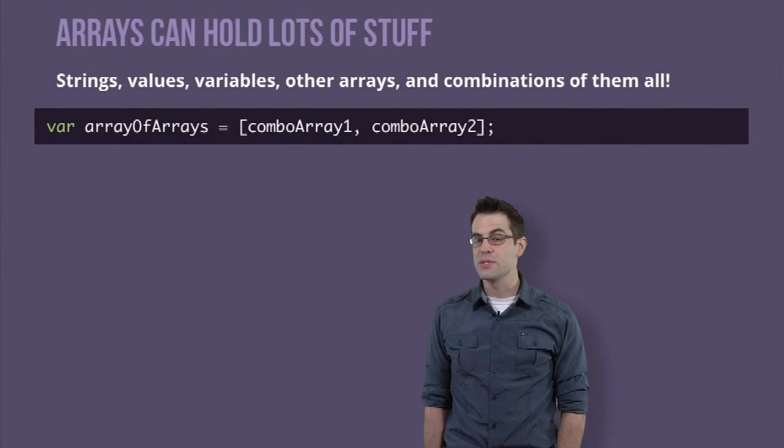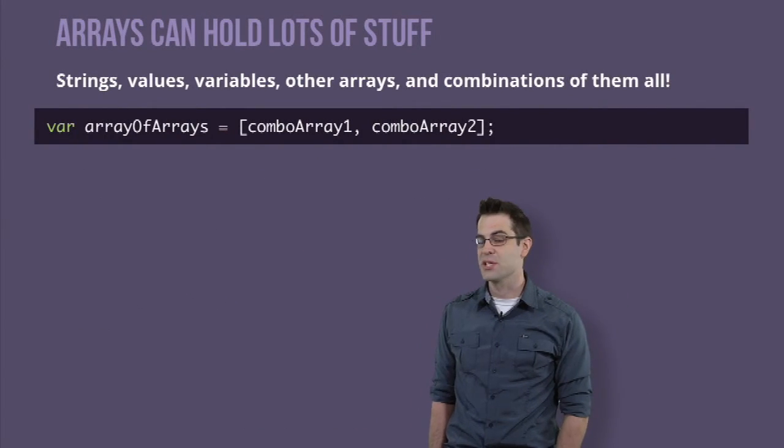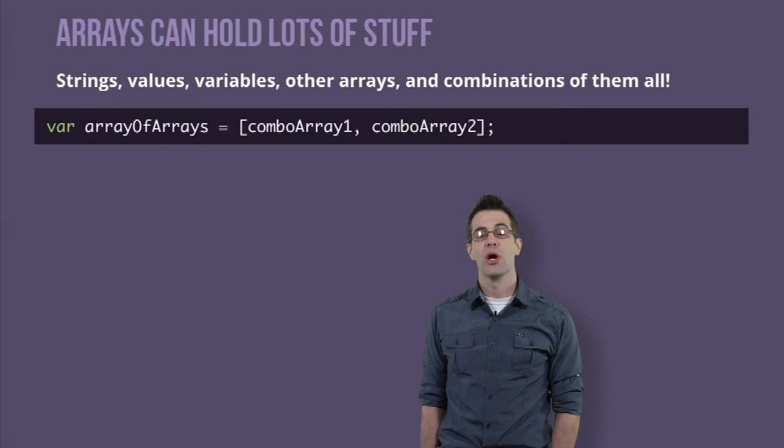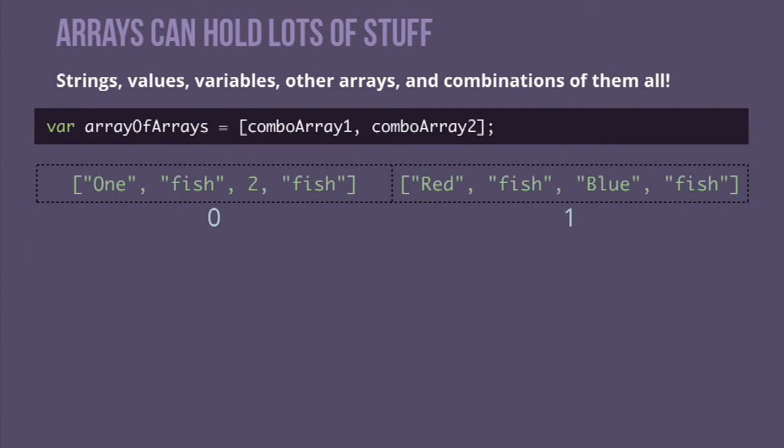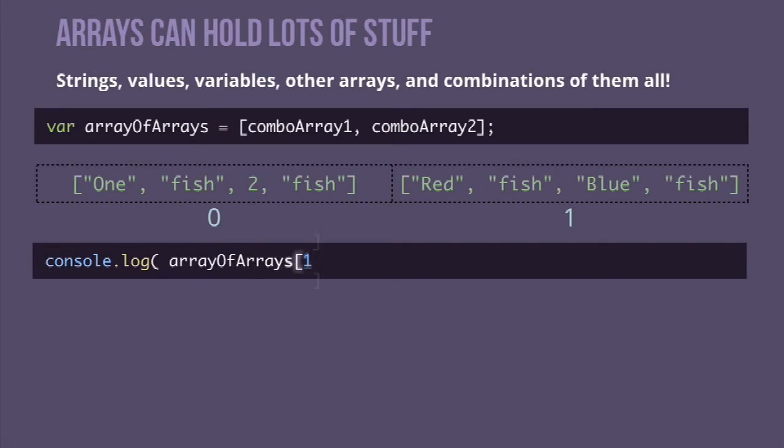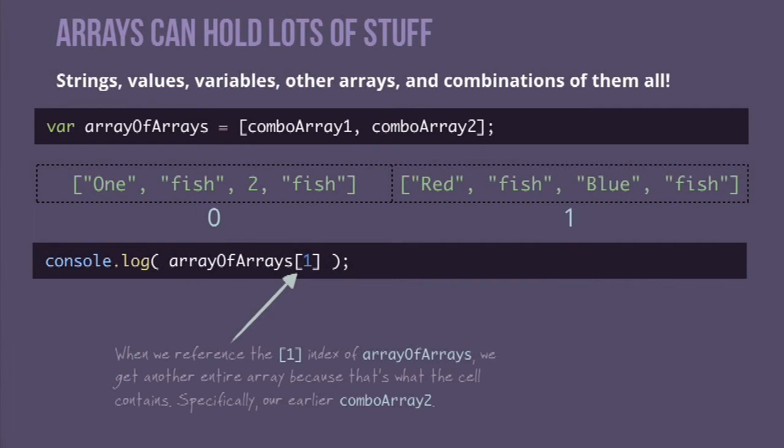So now we can use the variable array of arrays to access an entire array that it holds. You can see that if we use the console.log method on array of arrays 1, it will move over to the second cell of the array and retrieve the entire array present there. Then we get red fish, blue fish as a result.